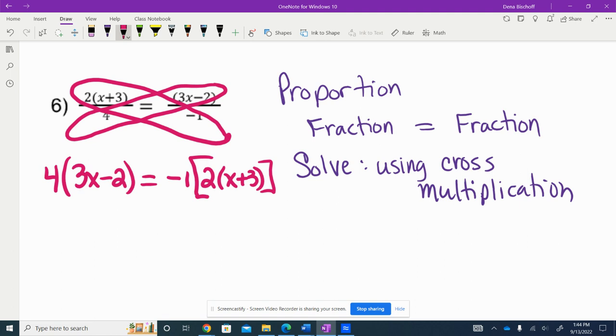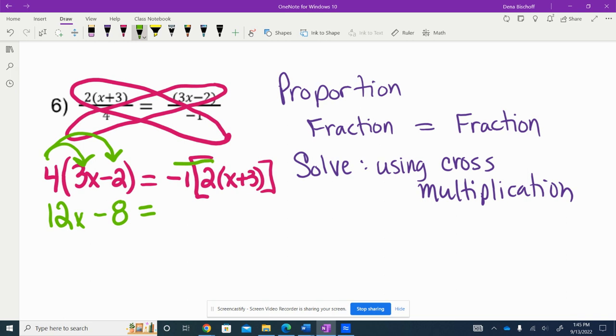So we're just going to do some distribution. On the left side, 4 times 3x is 12x. Good job. And 4 times -2 is -8.